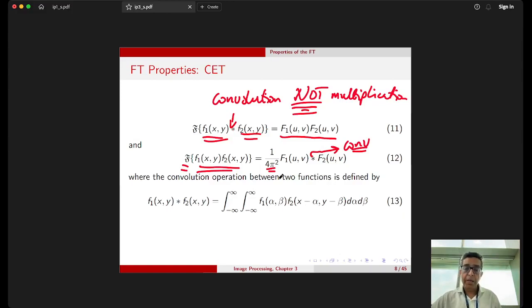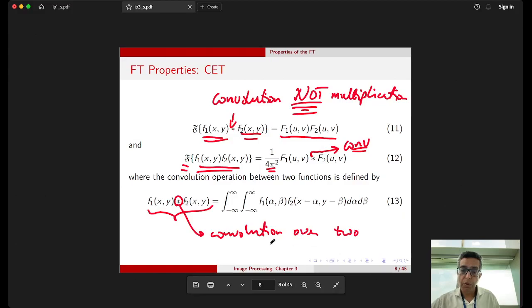Okay, so here the convolution operator is explicitly defined like this. Again, that's convolution, and this is convolution over two variables, or two dimensions. What you do is this is the convolution integral.